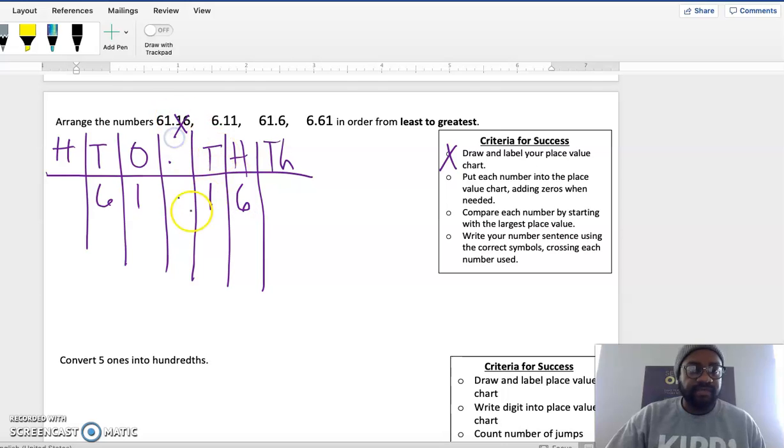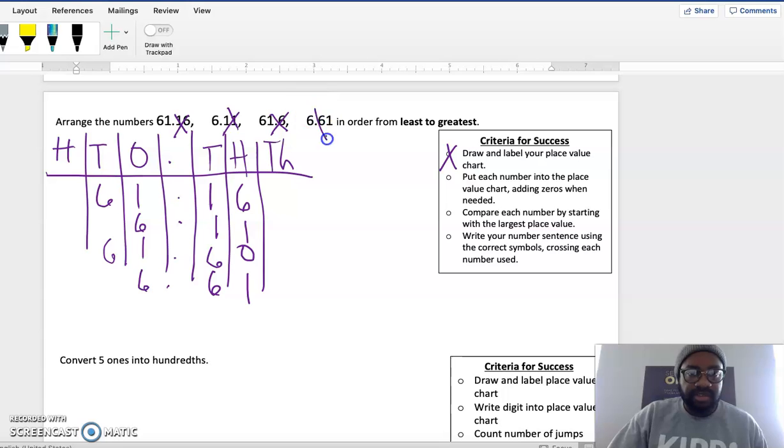This number is 6 and 1100ths. This number is 61 and 6. I'm going to add my 0 to fill it out. Hundredths. And then this number is 6 and 61 hundredths.